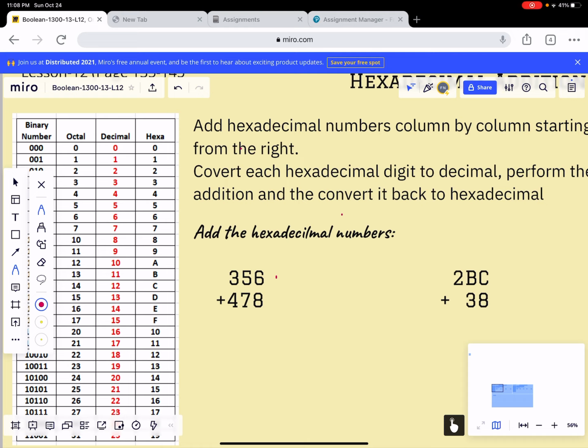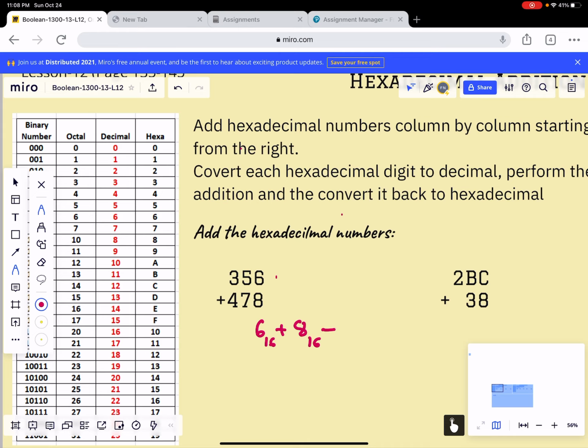Let's work on this example, 356 plus 478. We need to line them up together, column by column, and work from the right to the left. So first, I want to convert 6. All right, 6 hexa plus 8 hexa.